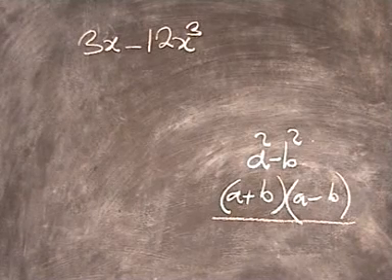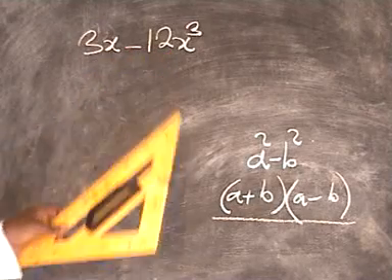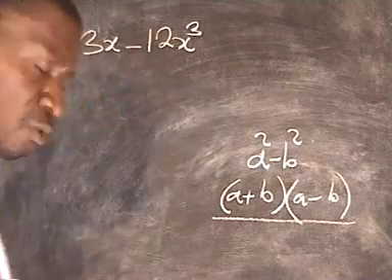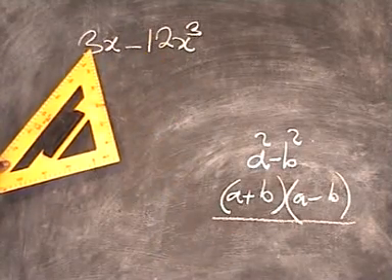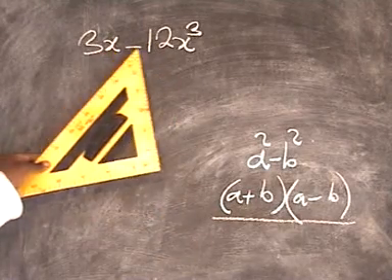So without wasting much of your time, in the first place you look at this 3x and 12x. Is there any letter or number that is common which can be divided into both the 3x and the 12x? For numbers, 3 can go into 3 once and 3 can go into 12 4 times, and there is x there and the x squared.